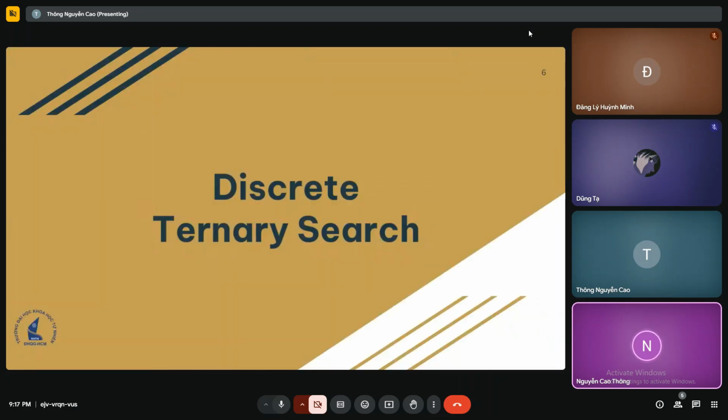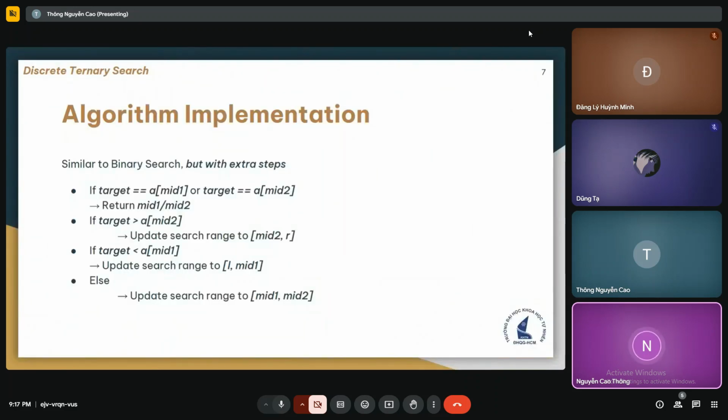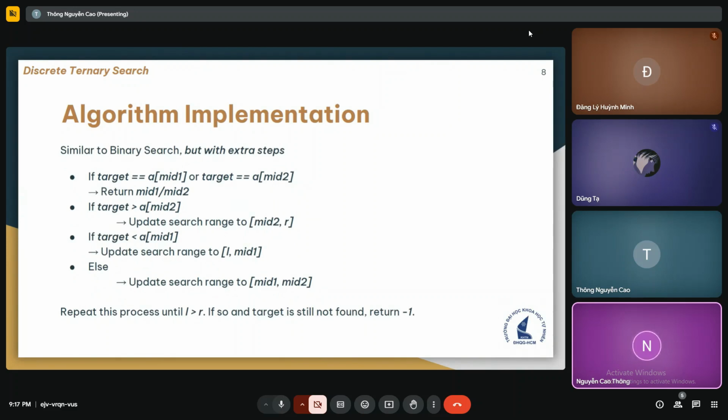Now, discrete ternary search. How we implement it is extremely similar to binary search, but just a little bit more complicated. We calculate the two midpoints, compare them to the target value, and update the searching range accordingly. We keep repeating the process until we find the target, or until the left index is larger than the right index.